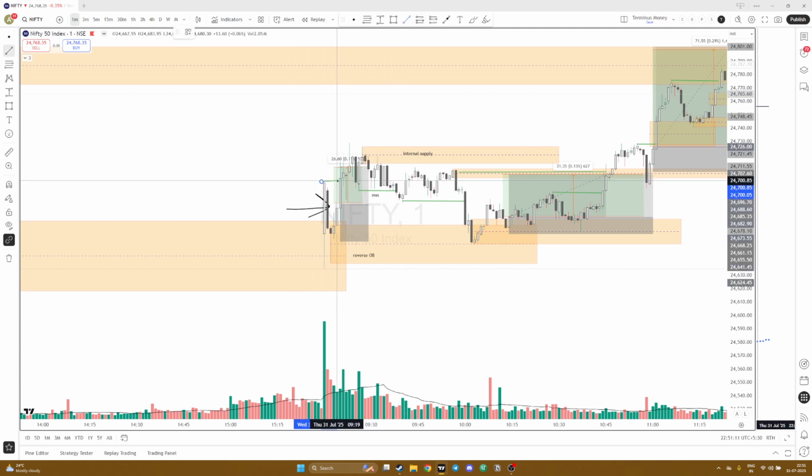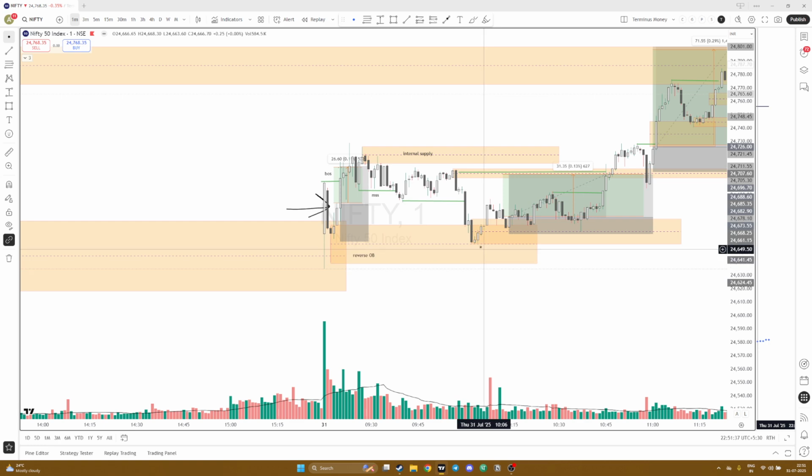So this was actually a correct break of structure, and in the opposite direction it was just a market structure shift. Then similarly, the price didn't come to any of the supply or demand zones, so I waited for it to fall, to come here.